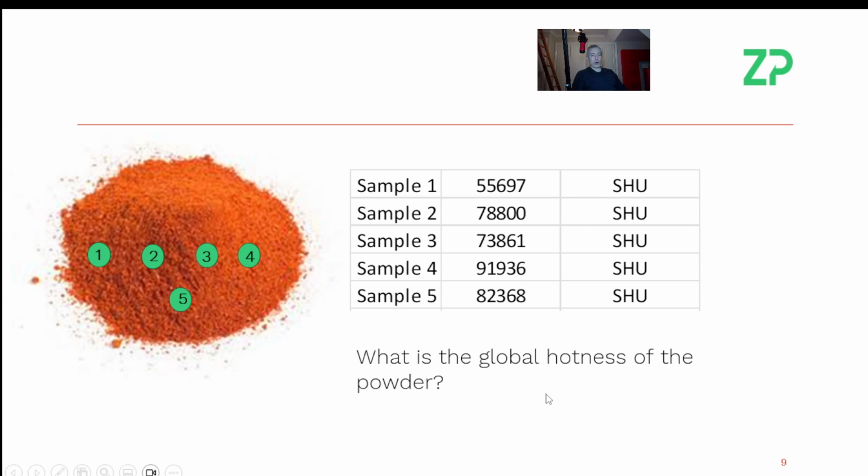But what is the global hotness of this powder? The global hotness is just the average of it, which in this case, add them all up, divide by 5 because there's 5 samples, it's 76,532. Now, what I'm also adding here is a metric of reproducibility, which is plus or minus 18%.